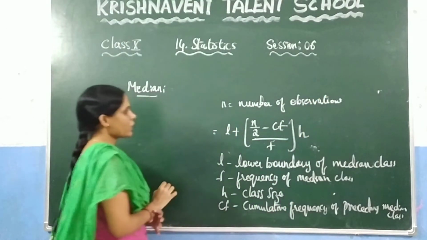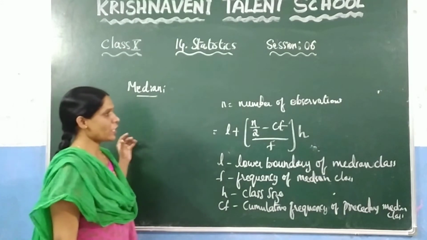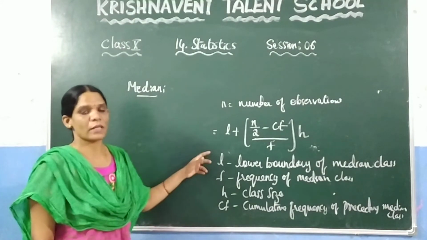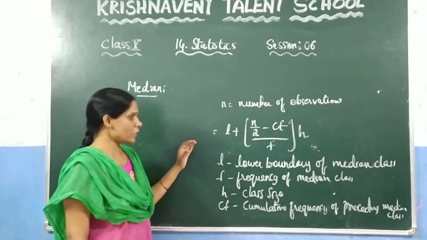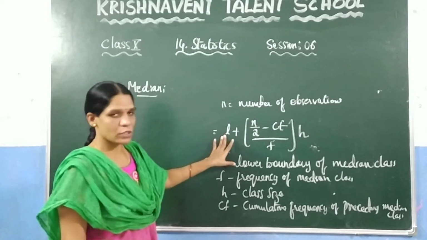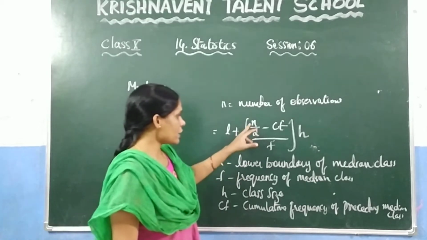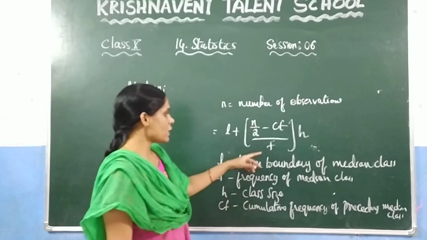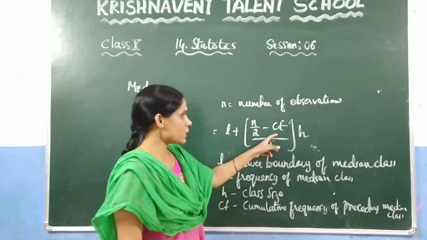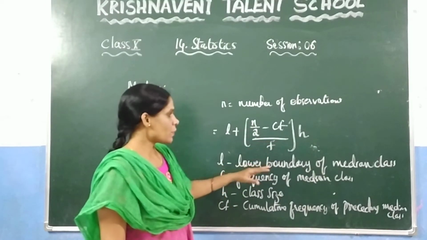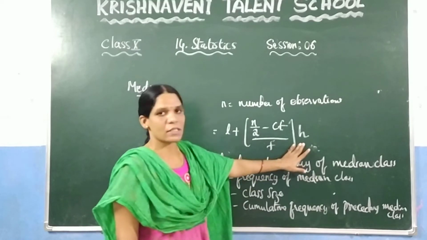So you can calculate the median for grouped data by using the formula L plus (n by 2 minus CF) by f, into h. Here L is the lower boundary, n is the number of observations, f is the frequency, CF is the cumulative frequency preceding the median class, and h is the class size.